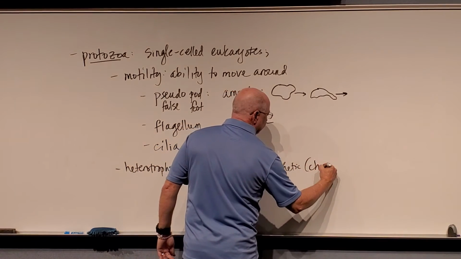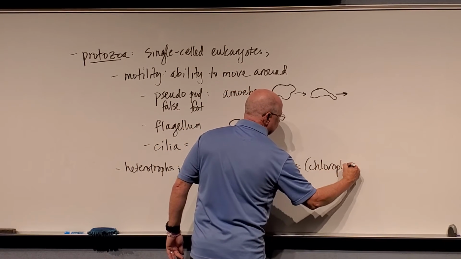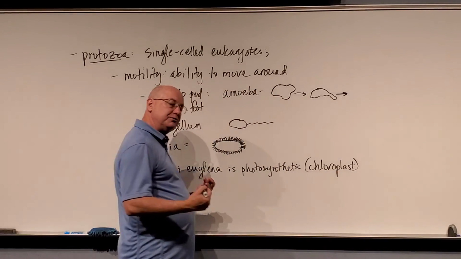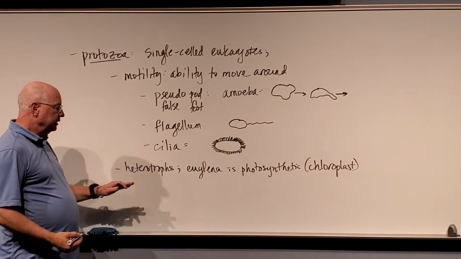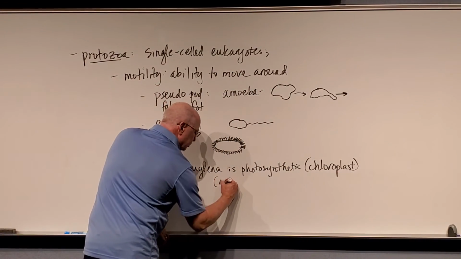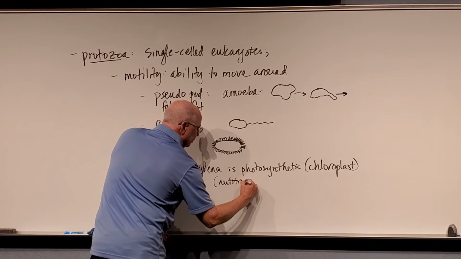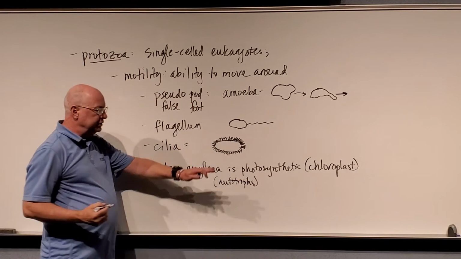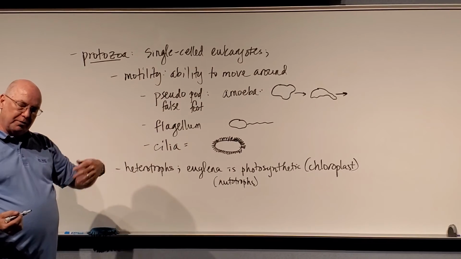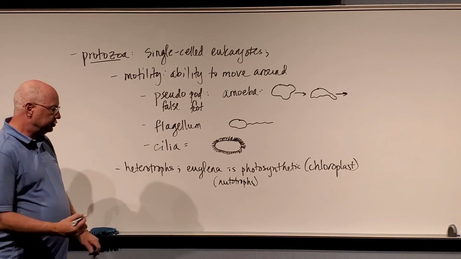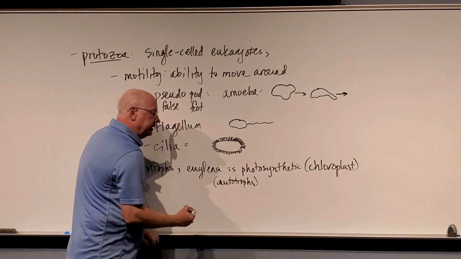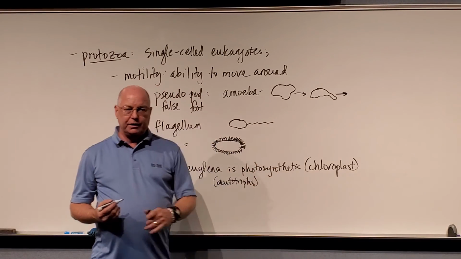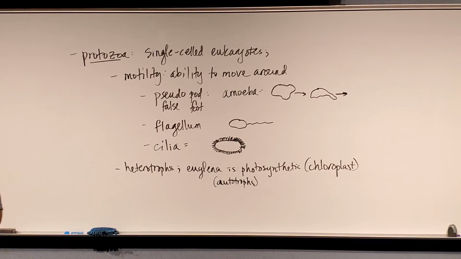They have an organelle in them called a chloroplast that allows them to photosynthesize. So these are autotrophs. They can make their own energy by using the energy of sunlight to convert carbon dioxide and water into sugars. And the organelle that allows them to do that is the same organelle found in plants, called a chloroplast.